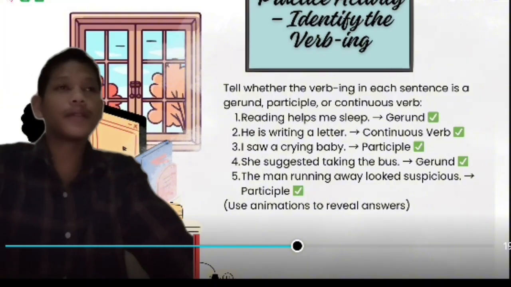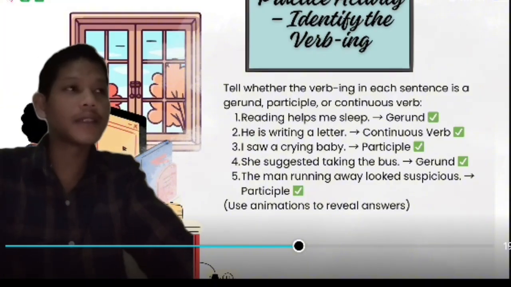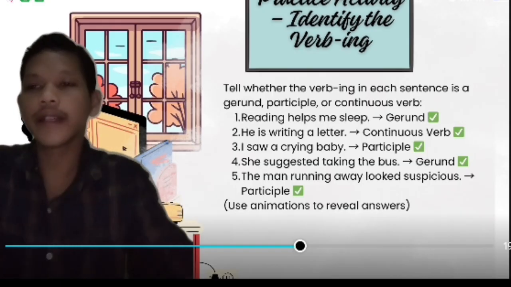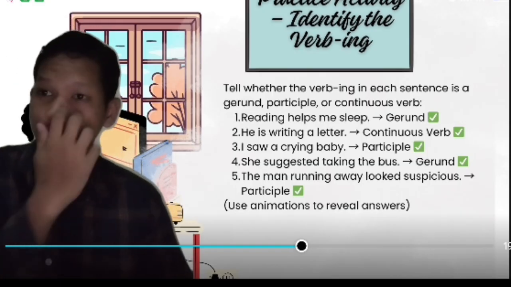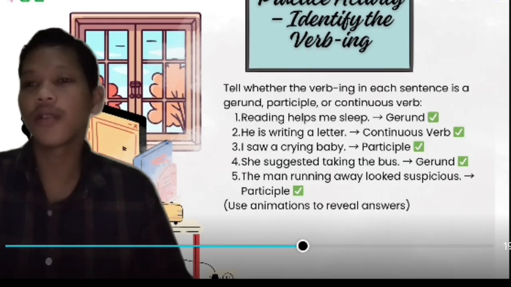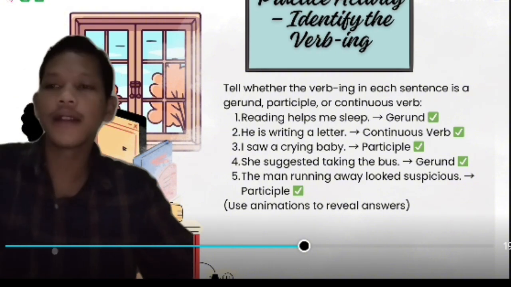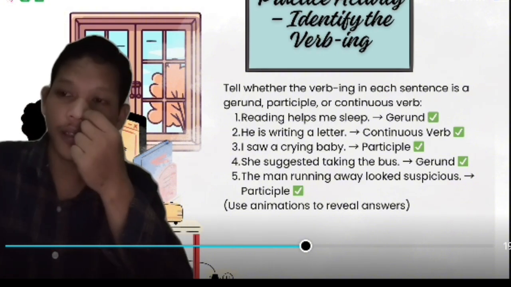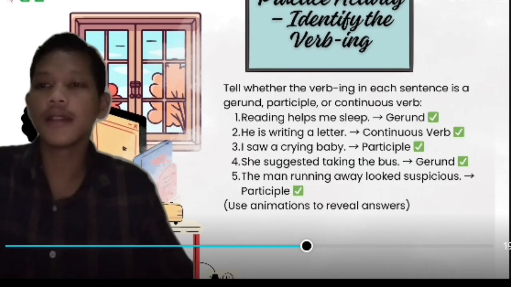Yeah, great. So the correct answer is continuous verb, right? Because writing here is put after to be, so that's why it is the continuous verb.